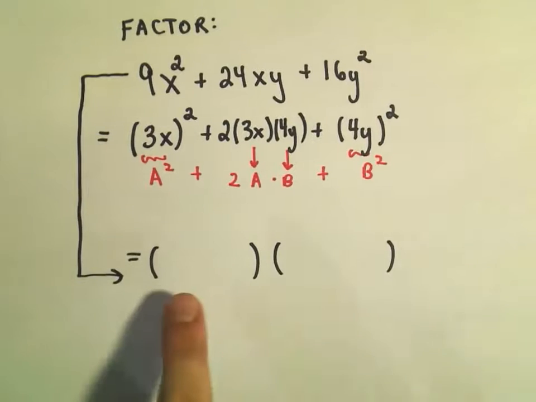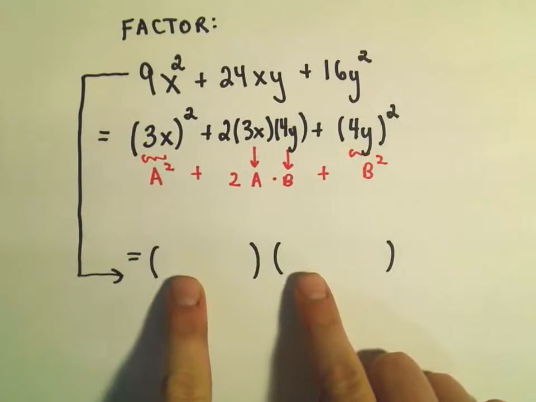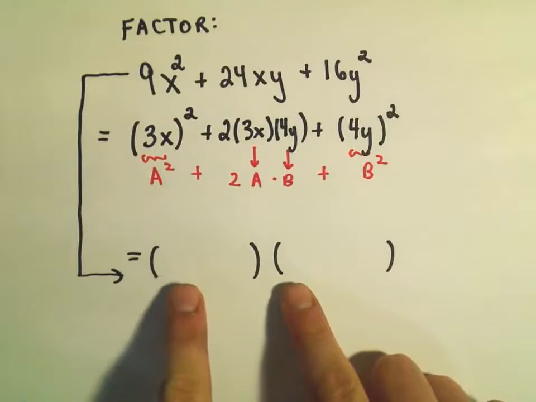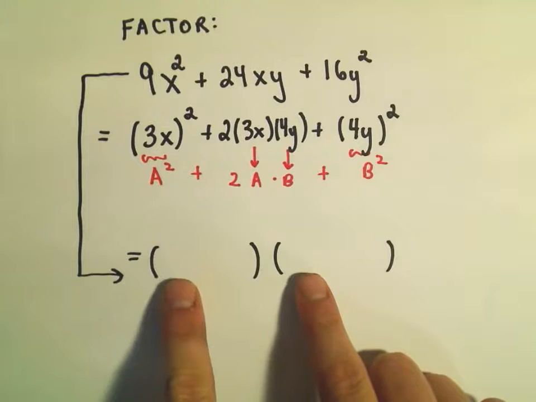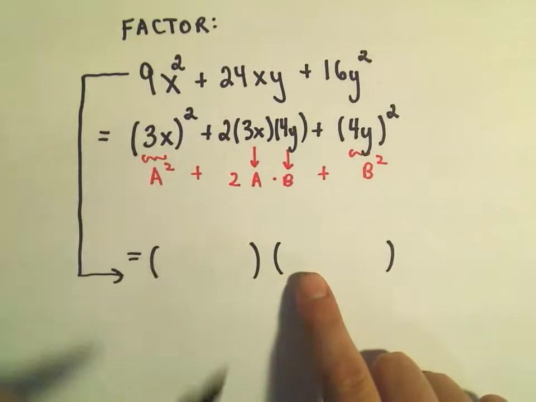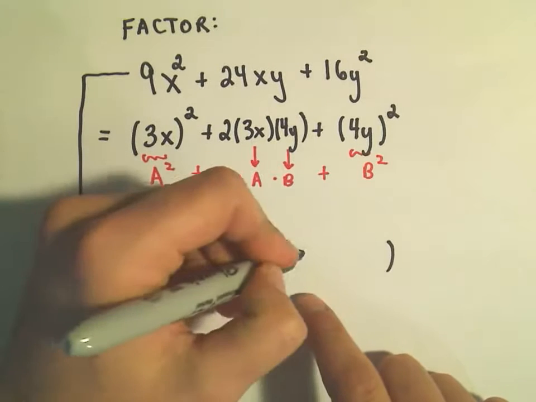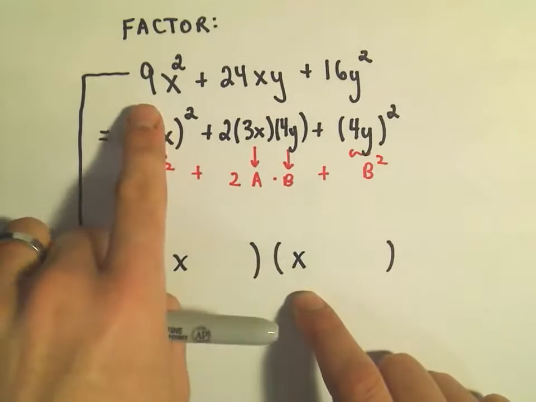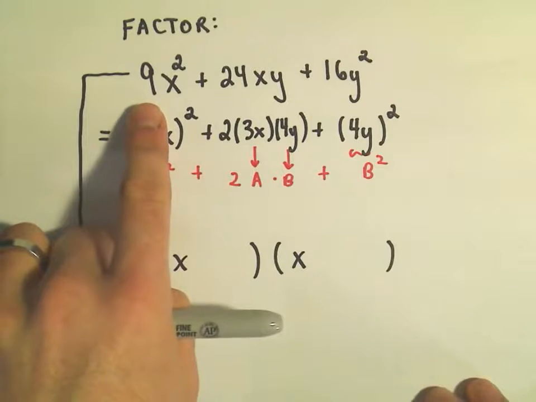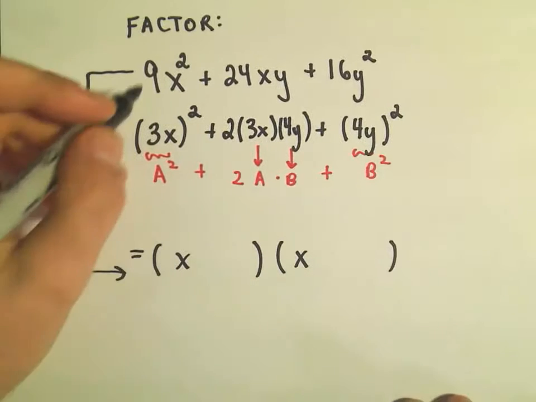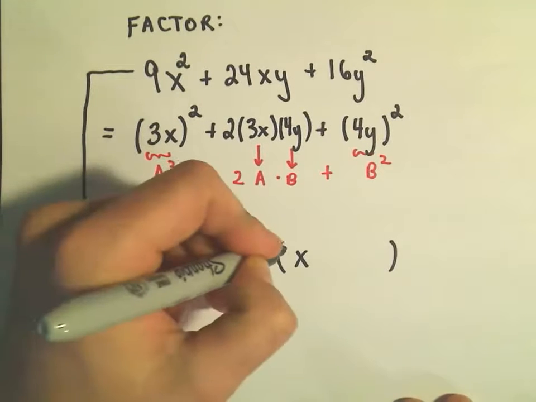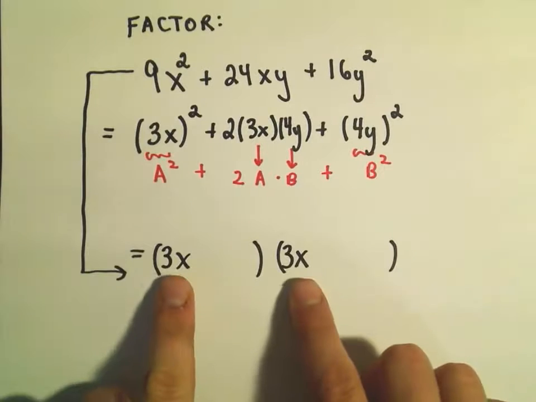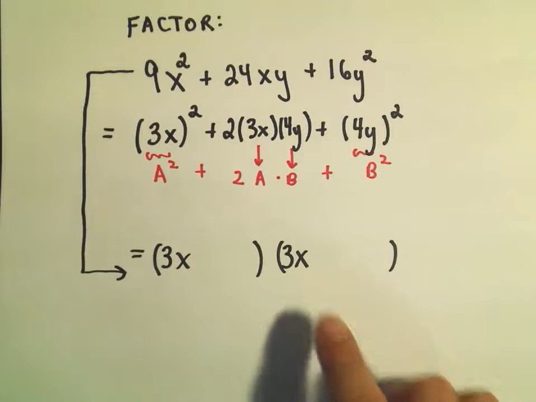But in each of the parentheses, the first term, to get a 9x squared, to get an x squared, I'm going to need an x and an x. And then one thing I recognize is, hey, 9 is a perfect square. So if I take the square root of 9, I'll just get 3 and 3. So if I multiply those, I get my 9x squared.